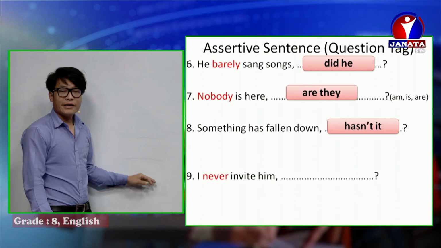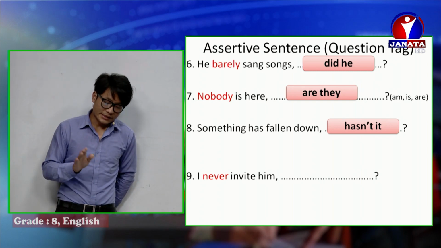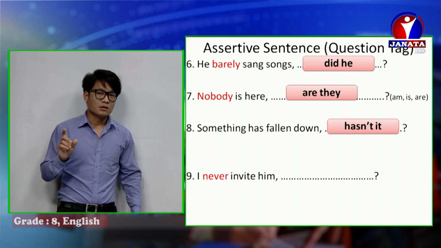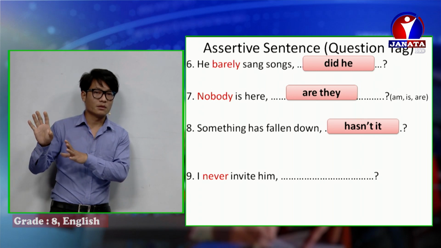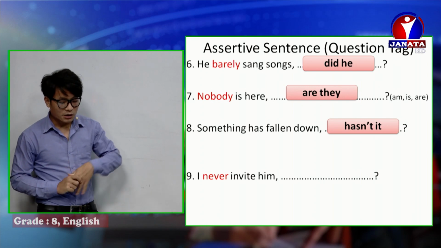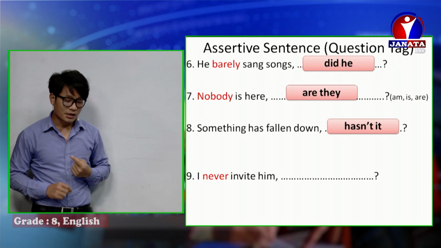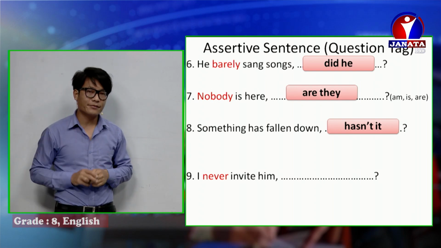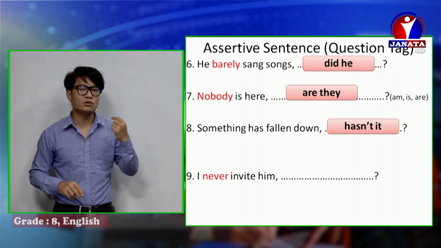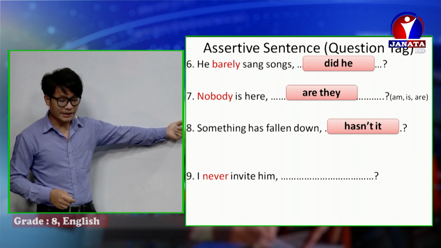Next, I never invite him. You can see there is one word, and that is never. This is one of the words which change the sentence into negative. You need to focus on invite. This is verb 1, so this is simple present, and simple present has two auxiliary verbs: do and does. So here it will be do, as in I never invite him.